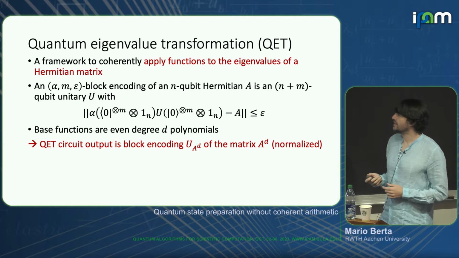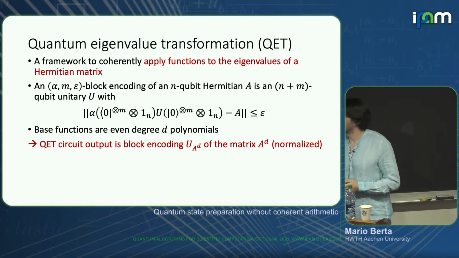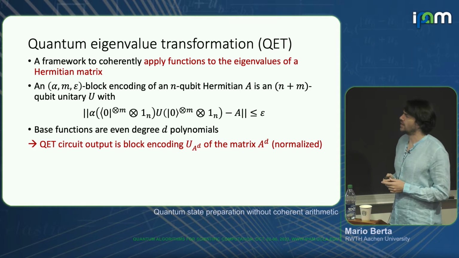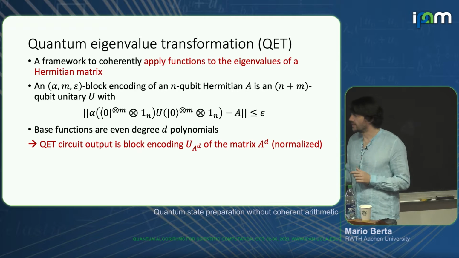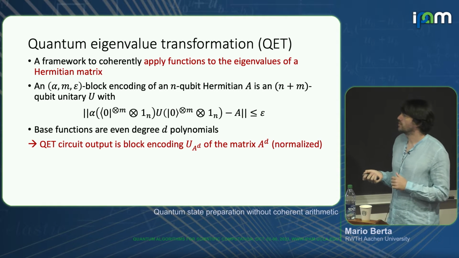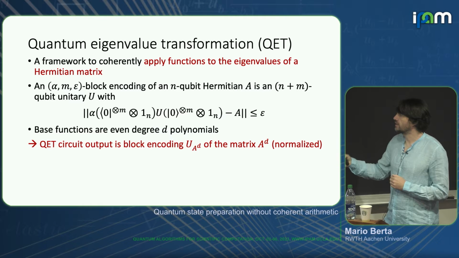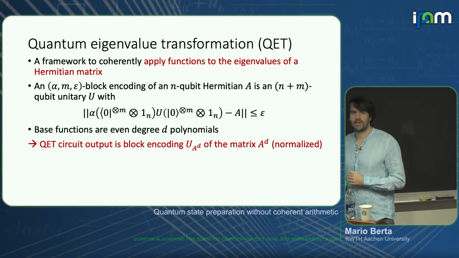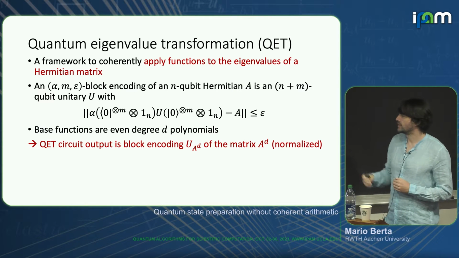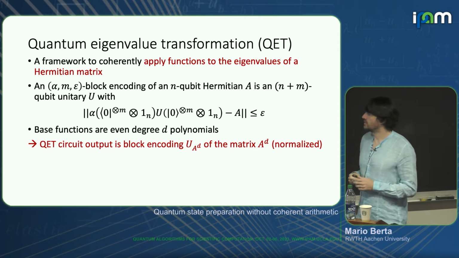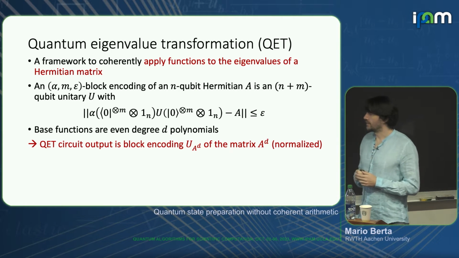Yes, and then what this QET framework does is it allows you, roughly speaking, to transform this block encoding of your original matrix A into a block encoding of the matrix A^d, properly normalized again.